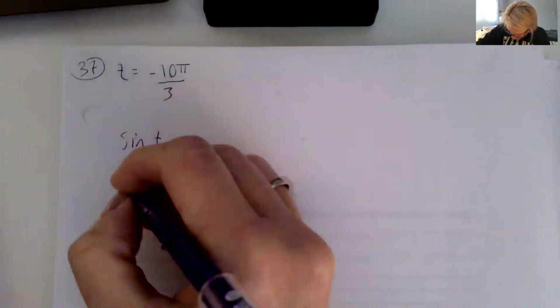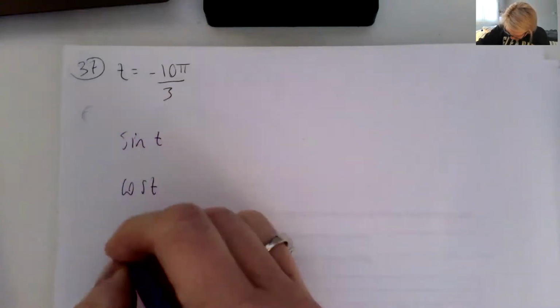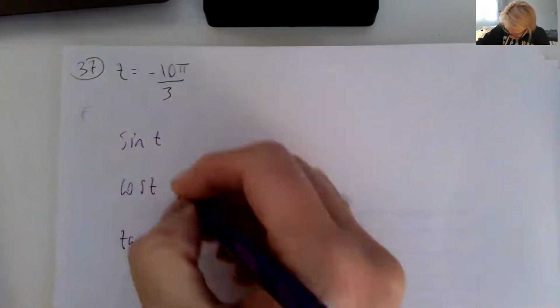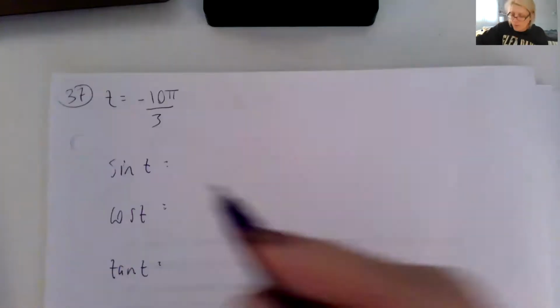For 37, they're asking us to find all of the trigonometric functions of negative 10 pi over 3.